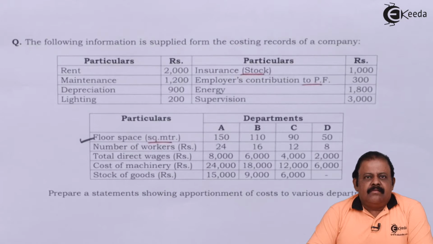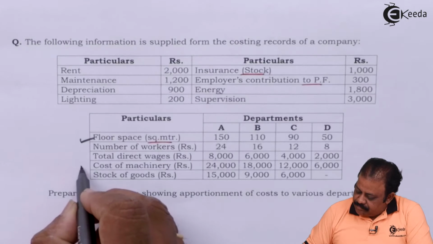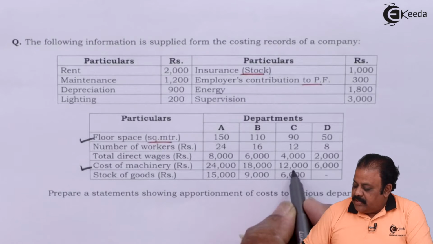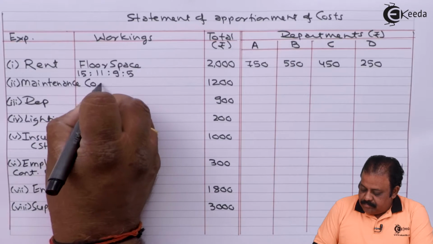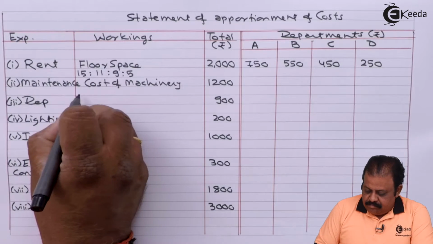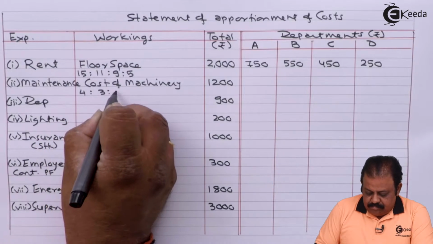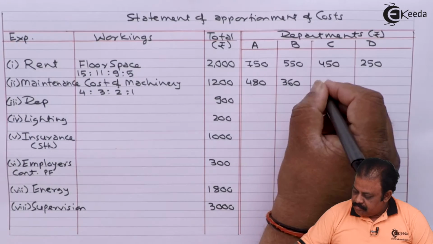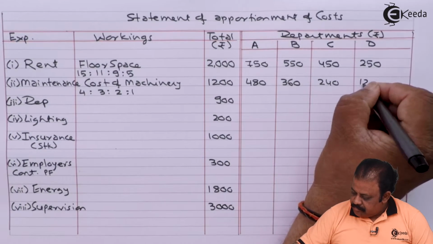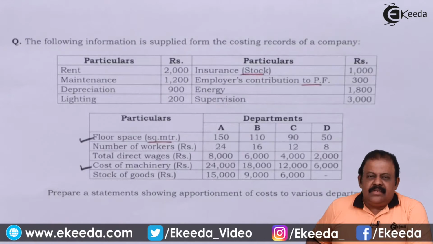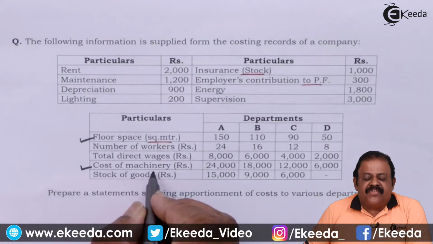It will be allocated based on cost of machineries in the ratio of 24,000 is to 18,000 is to 12,000 is to 6,000. Next, depreciation. This will be allocated in the ratio of cost of machinery.